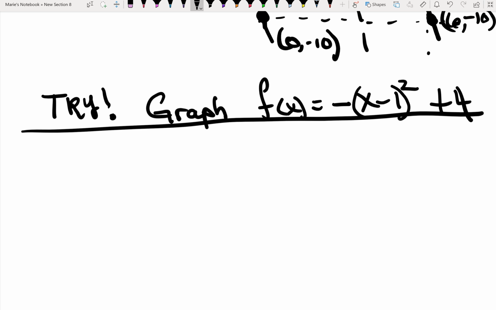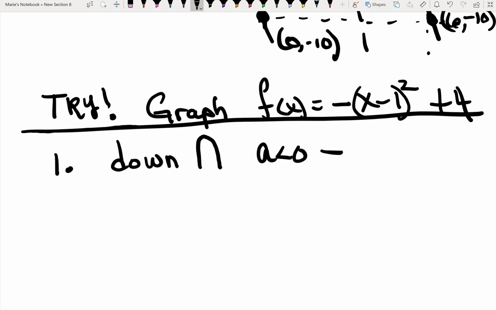So if I start reviewing this, at this point you've turned this video back on. What you're going to want to do is start with step 1 and determine, does it open up or down? Obviously this opens down. This is a parabola that has this shape, and you know that because a is less than 0, therefore negative. All right, step 2, we're going to find the vertex.